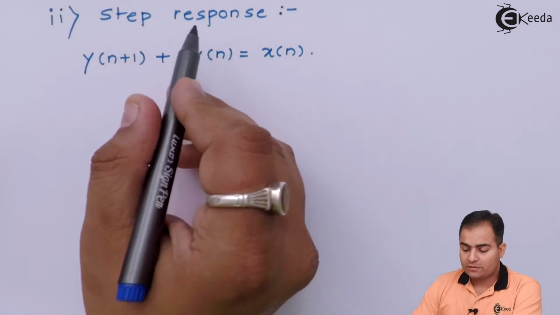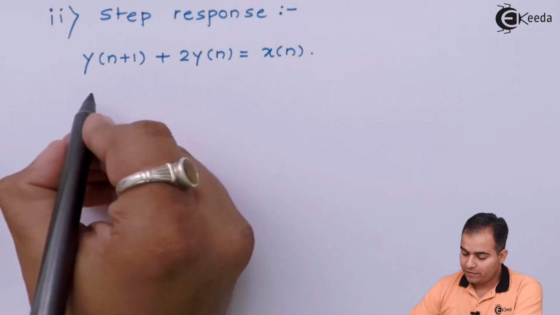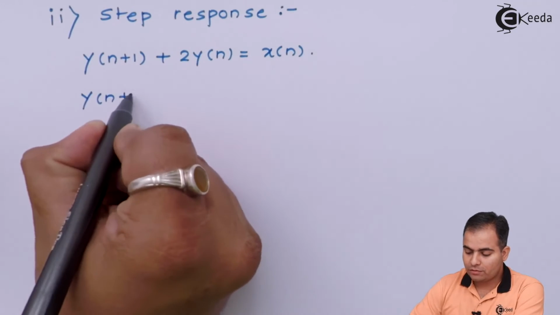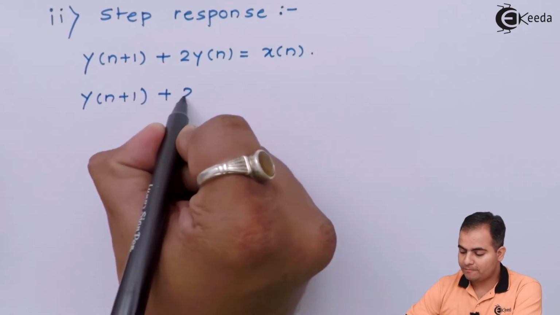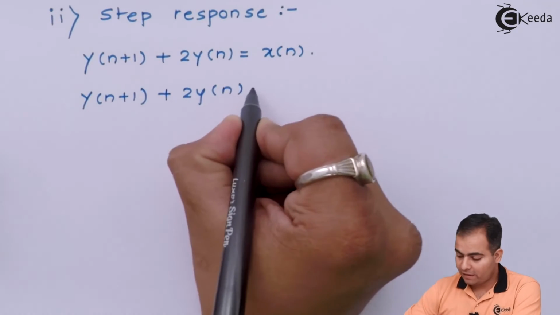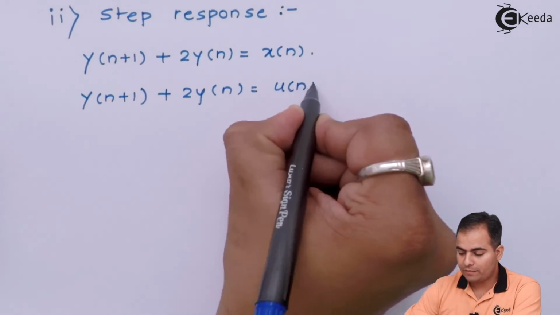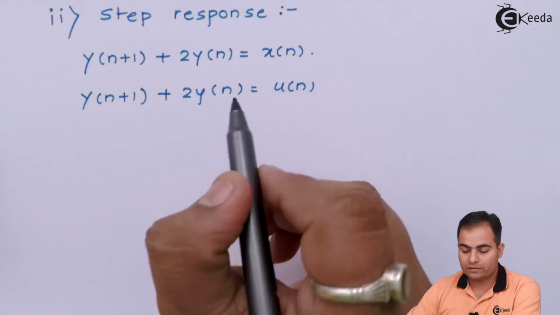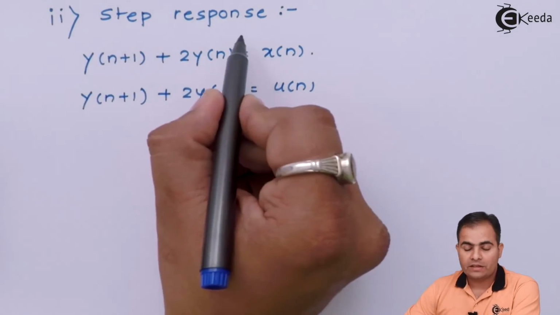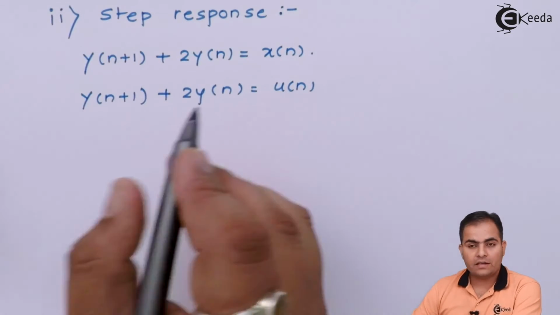To get the step response, we substitute x of n as u of n. So the right hand side of the equation is replaced by u of n, because I have substituted x of n as u of n, so that you will get the step response. Now we will apply the z transform on both sides.